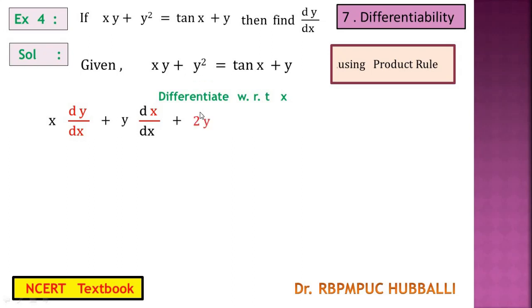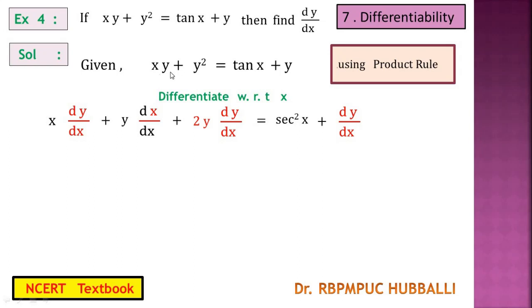So y square, you know that it is 2y into dy by dx, is equal to, next tan x, it is an x variable standard function, therefore its derivative is secant square x, plus y term derivative, you know that it is dy by dx. I hope you understood the derivative of this equation.